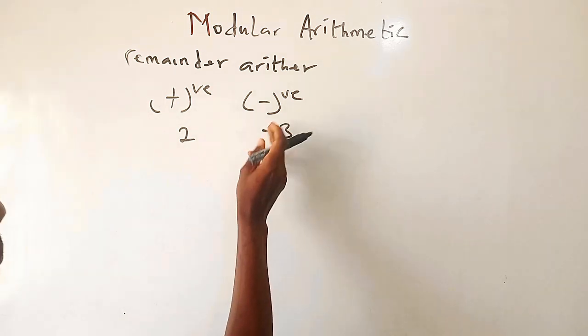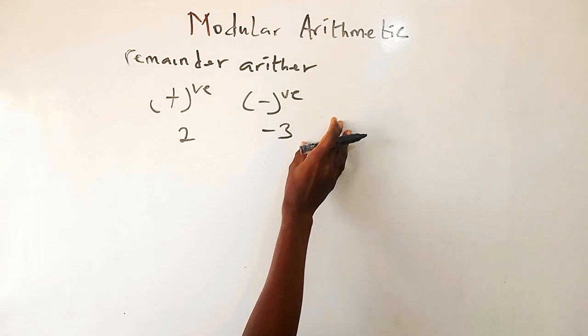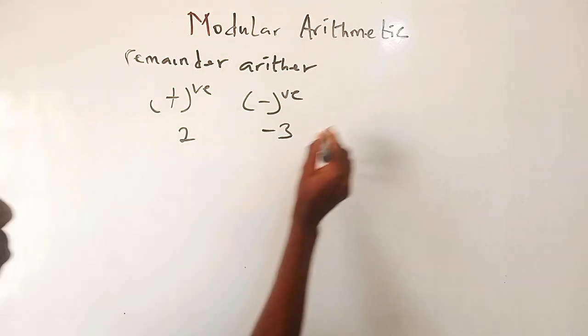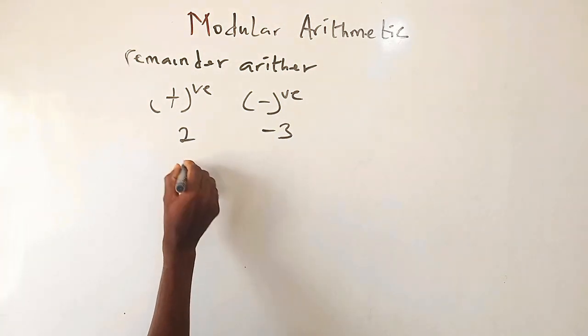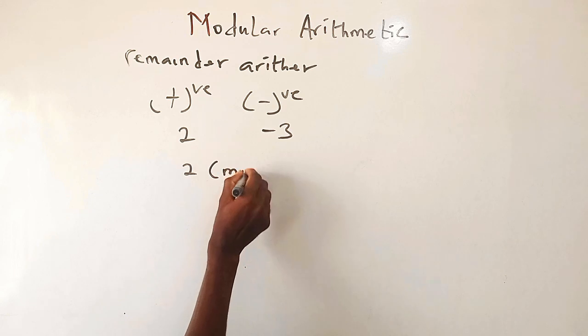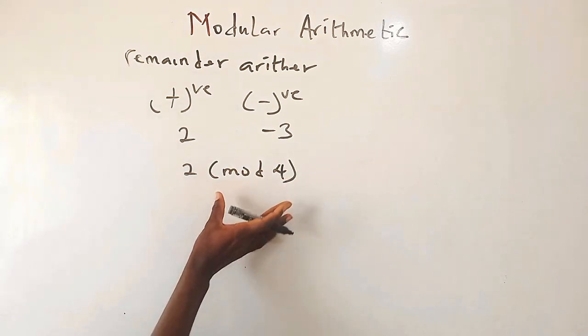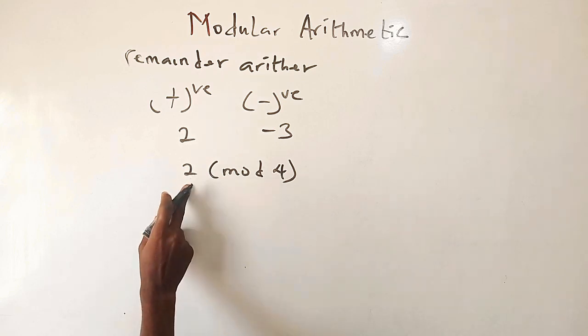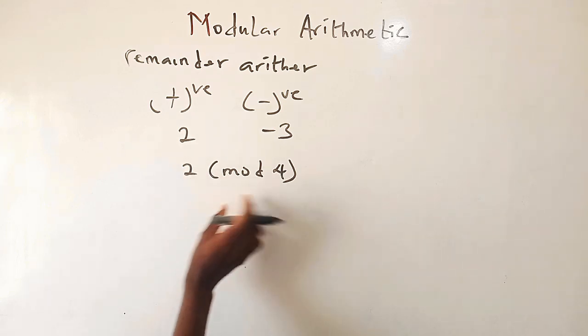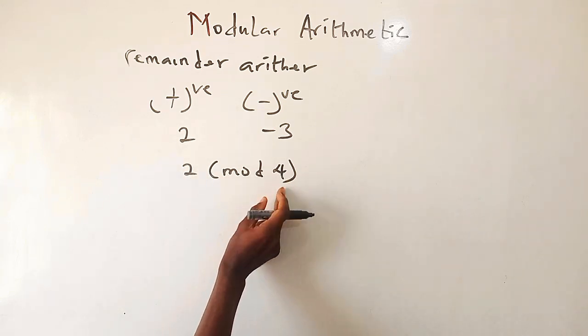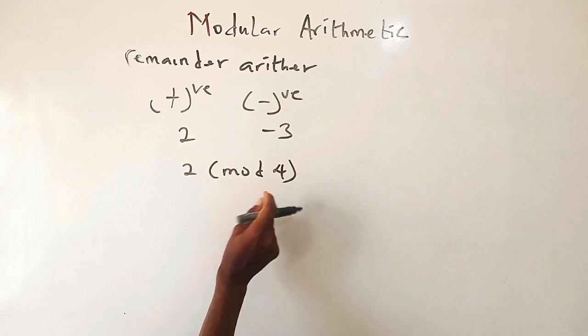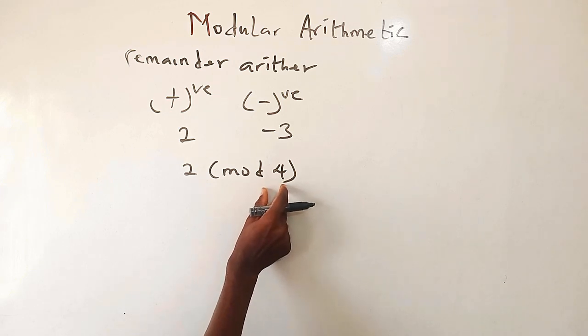But for a modular arithmetic operation, let us say we have 2 mod 4. Here we have the integer, which is a positive integer, and this one is the operator we are working with, the modular number.